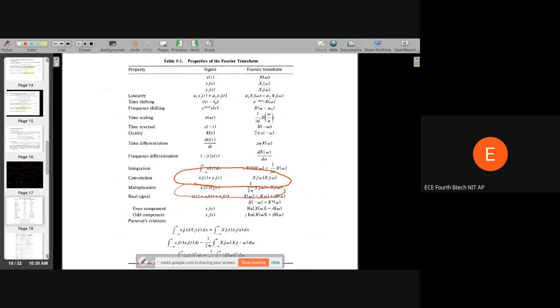So these are the two most important properties of Fourier transform. Because an LTI system is represented by convolution, this property will come very handy during your sampling process and your Nyquist theorem.